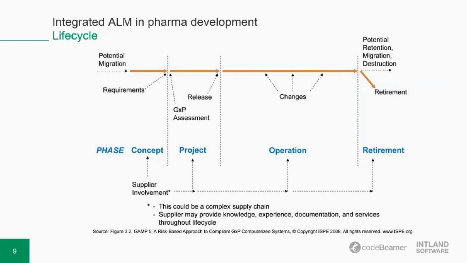For companies like mine, which deliver systems to end users, we have good experience with the two middle phases, project development and operations. We are most active in those phases, but one phase like retirement cannot be neglected either.